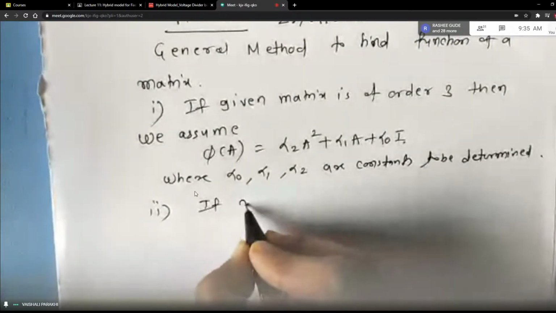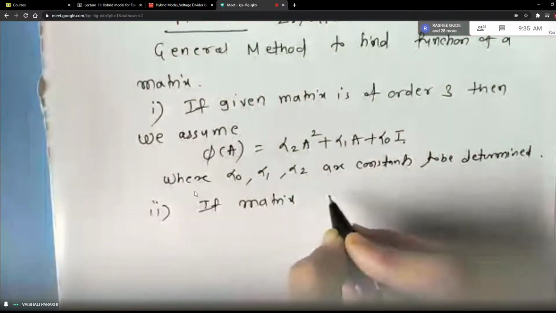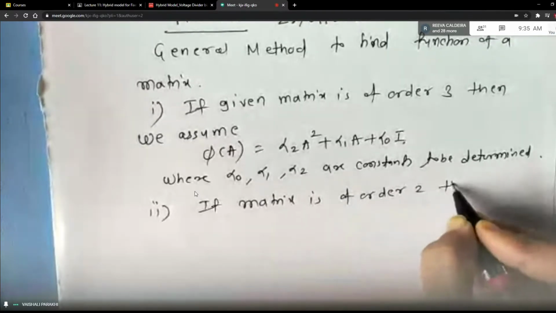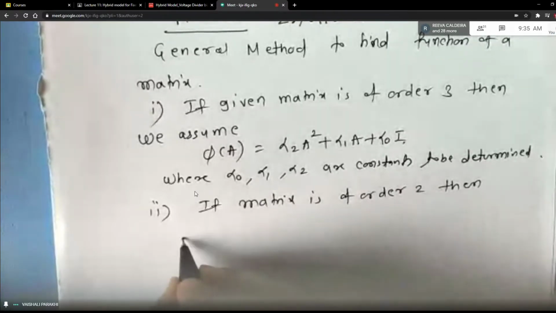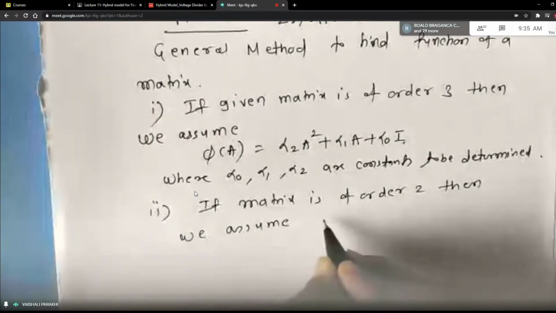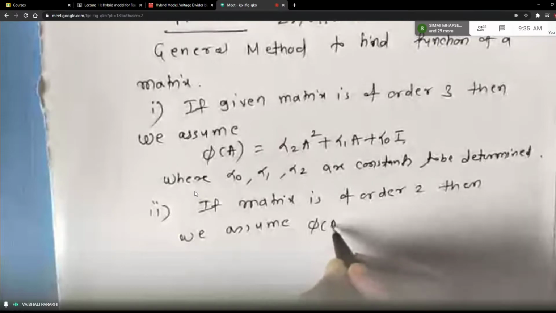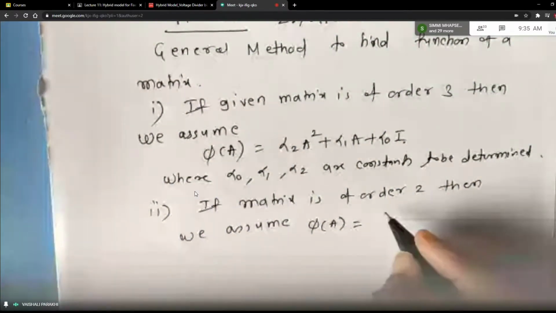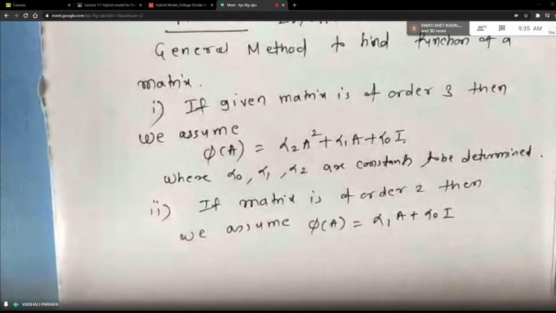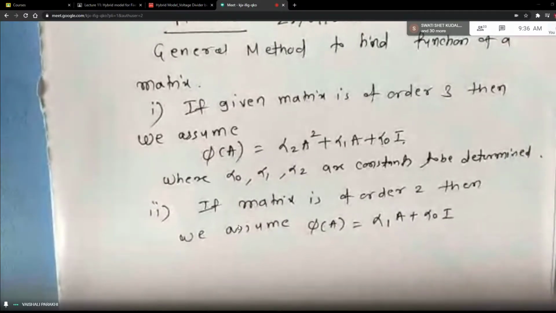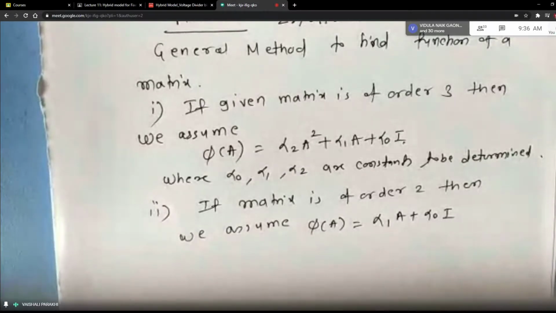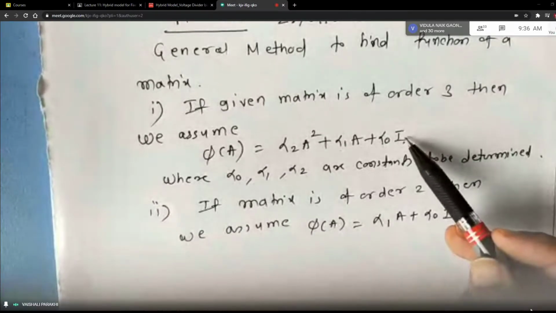If the matrix is of order 2, then what do we assume? We assume phi of A is equal to, now it is a linear equation, alpha 1 A plus alpha naught I. So see, students, if the matrix is of order 3, you have to assume the function as a quadratic polynomial.